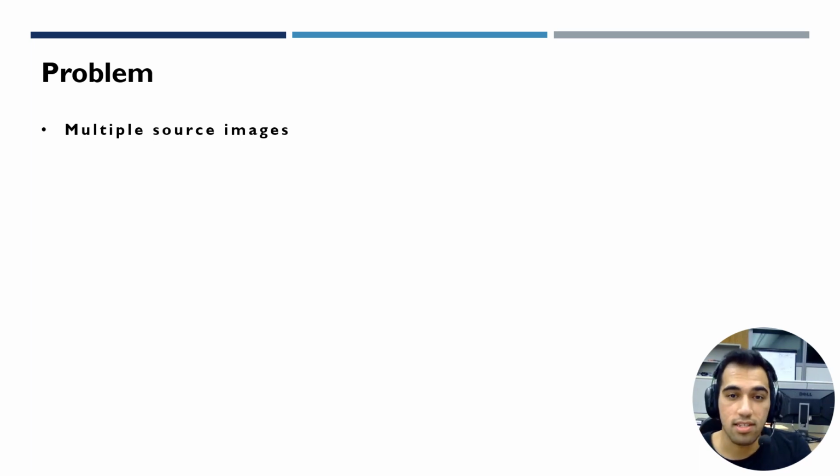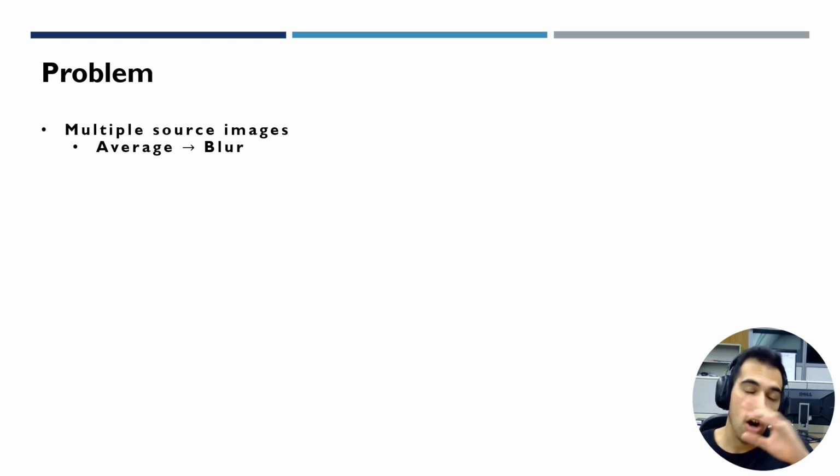And one of the ways that they could solve this problem potentially is to use multiple frames for the source image. However, that approach also has some downsides. For example, if you try to use averaging over the results of using multiple source images, you're going to get a very blurry output.